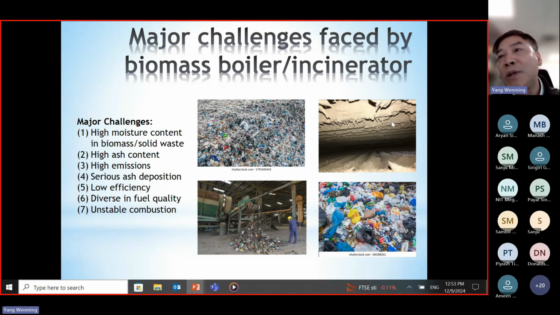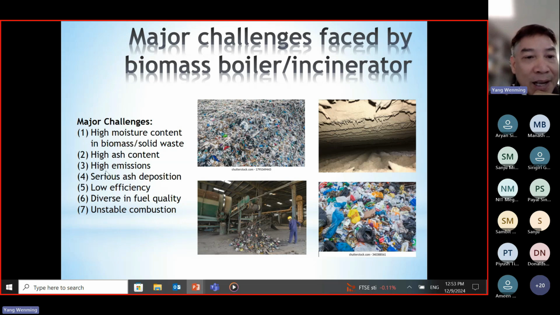You can see the water pipe surface is covered by a very thick ash. As we know, when the heat exchanger is covered by this kind of ash, the heat exchange between the water and the hot gas will decrease significantly, correct? Thereby it affects the overall efficiency, correct?